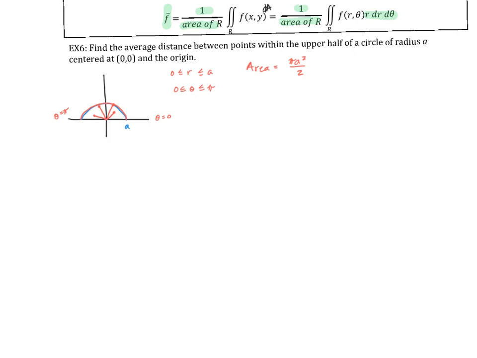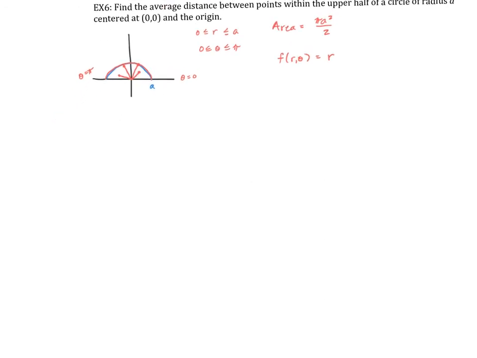So I have most of the pieces. The only thing I don't know is my integrand. What is my function that I'm looking at in terms of r and theta? My function, I have to think about this, is adding up all these distances, adding up all these r values. So my function is simply r. That's my integrand. So it's a little bit tricky here.